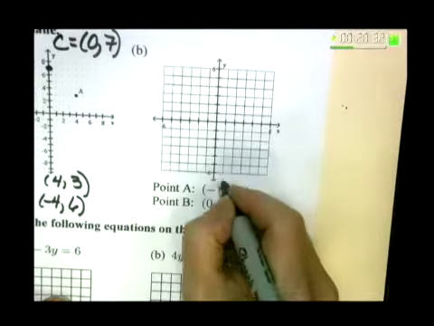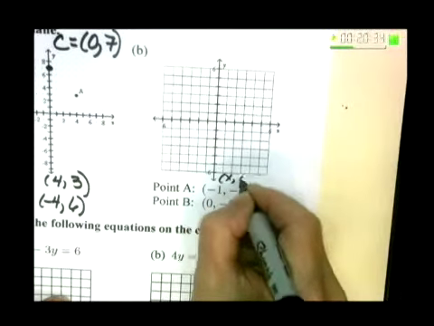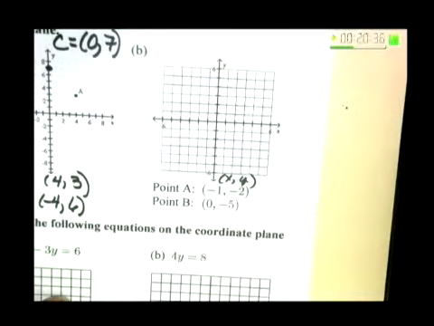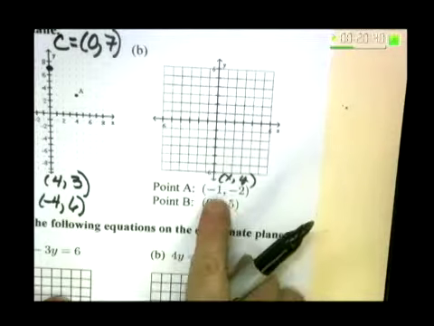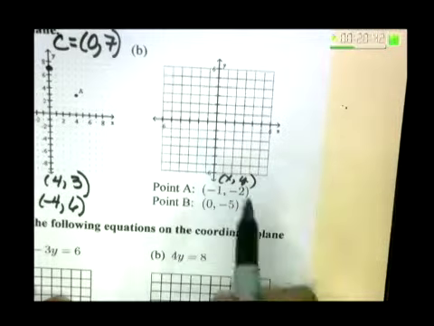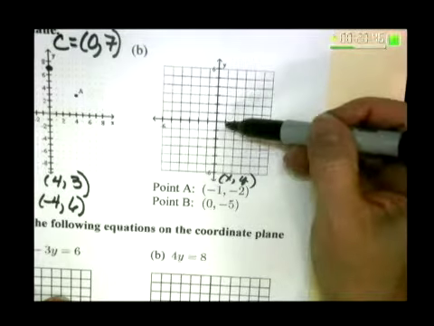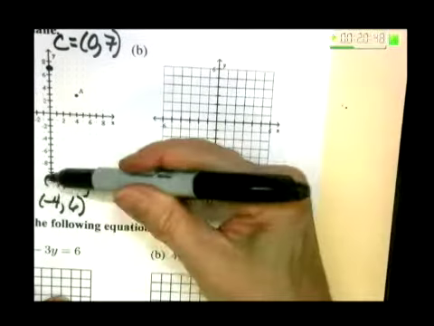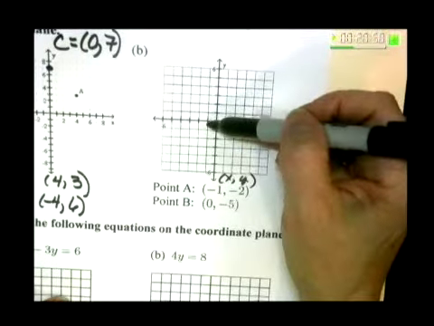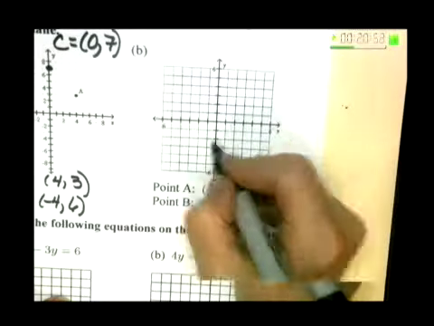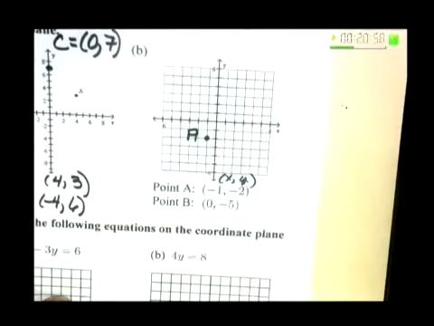If you have trouble remembering, just always go x comma y so you know which one is which. It's always alphabetical. So it says for point A, a -1. And again, I have to look at the scale on the graph. In each one of these, each division is worth 1. So a -1, and then it says a -2. So this point right here is point A.